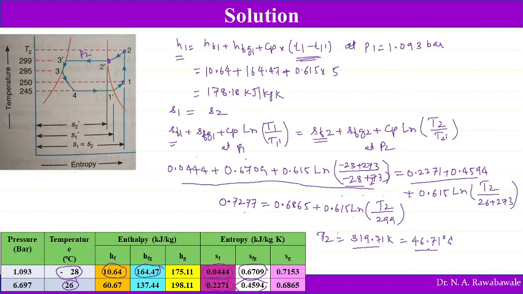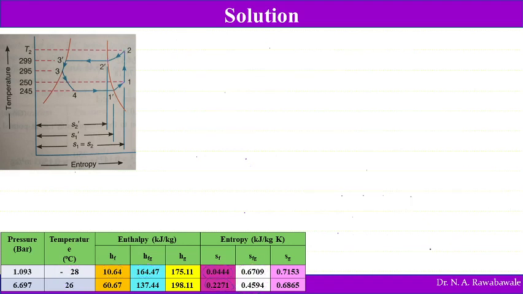So now to find H2, the enthalpy at point 2, H2 is equal to HF2 plus HFG2 plus CP into (T2 minus T2 dash).